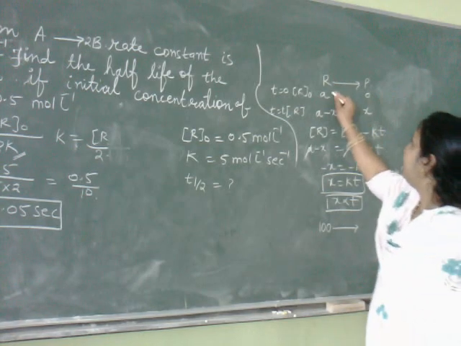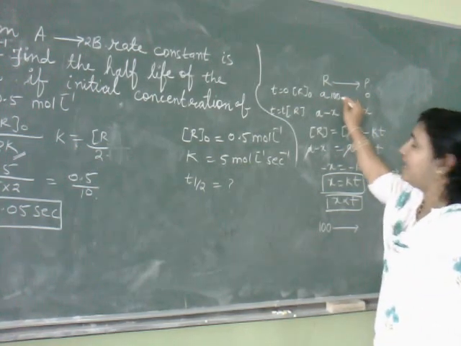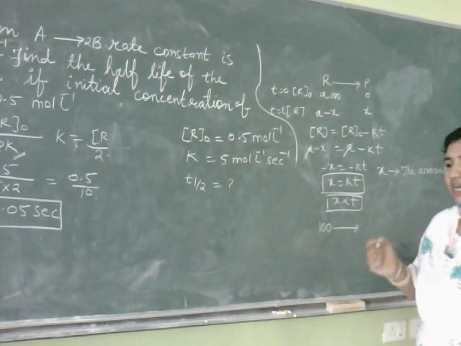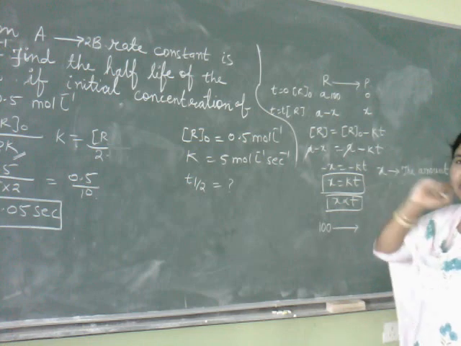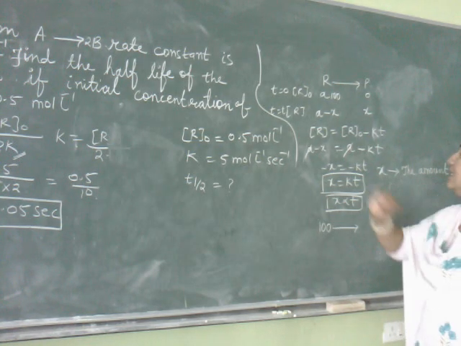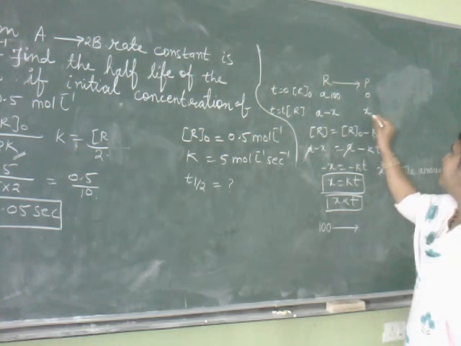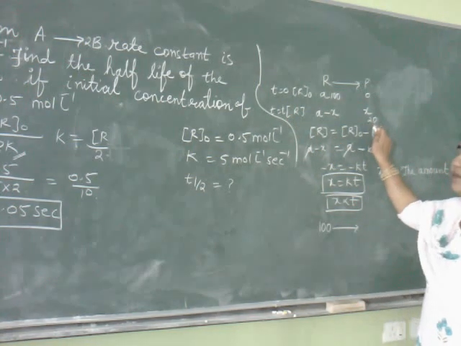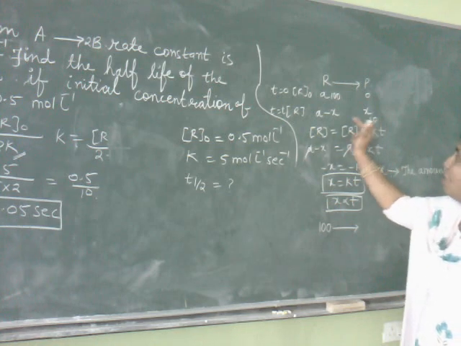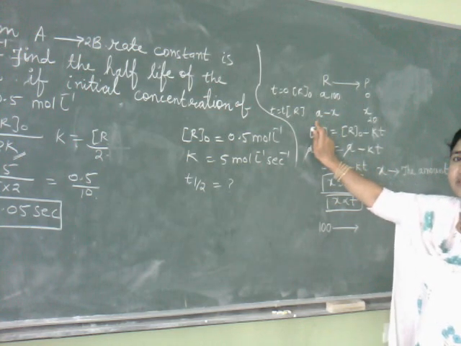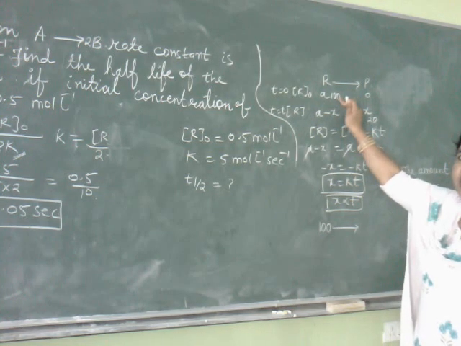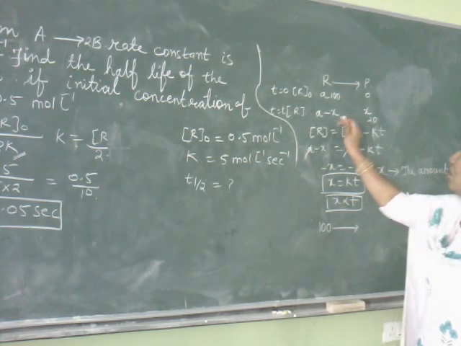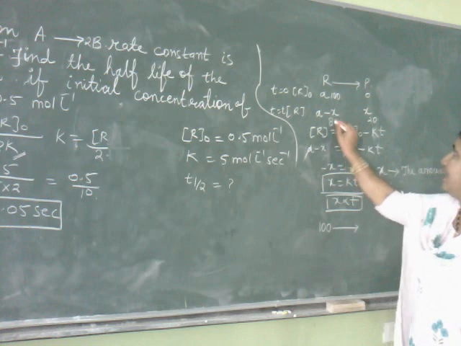See here. Suppose we take 100 molecules of reactant when the reaction starts. After some time passes, we have got 20 of product. So how much reactant is left? Starting was 100, after some time we got 20 of product, so the reactant remaining is 80.